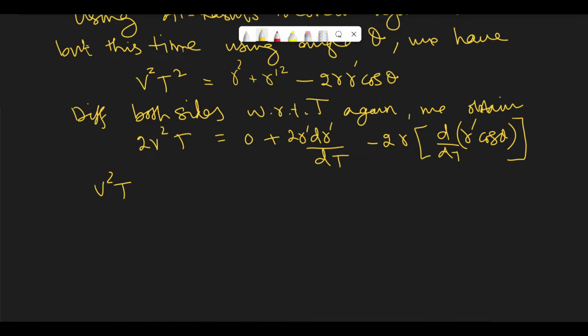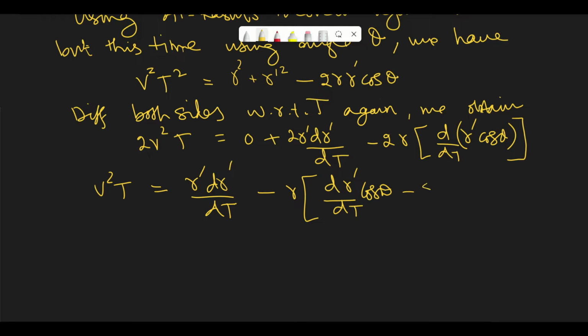Okay, so we obtain v square t is equal to r prime dr prime over dt minus r dr prime over dt cos theta minus sin theta d theta over dt r prime.